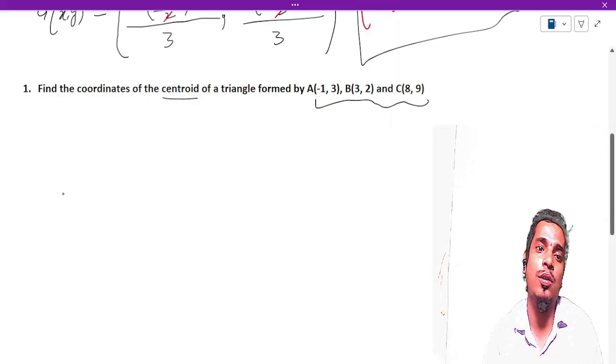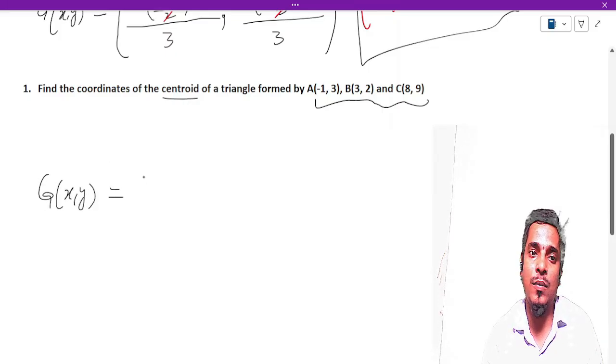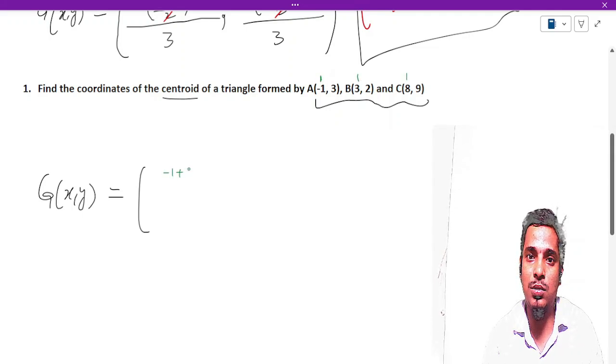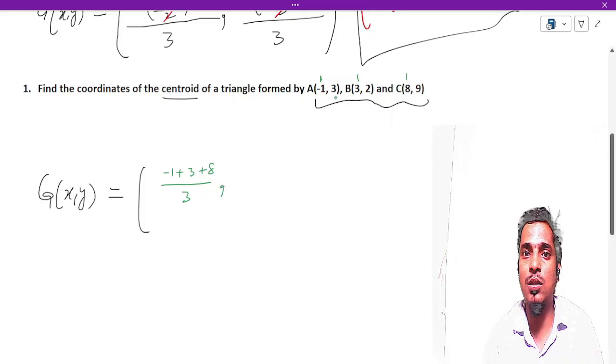to find the centroid. So the centroid G is given by the sum of the x coordinate of each point. This plus this plus this means minus 1 plus 3 plus 8 and divide by 3, comma, sum of y coordinate 3 plus 2 plus 9. So 3 plus 2 plus 9 and divide by 3.